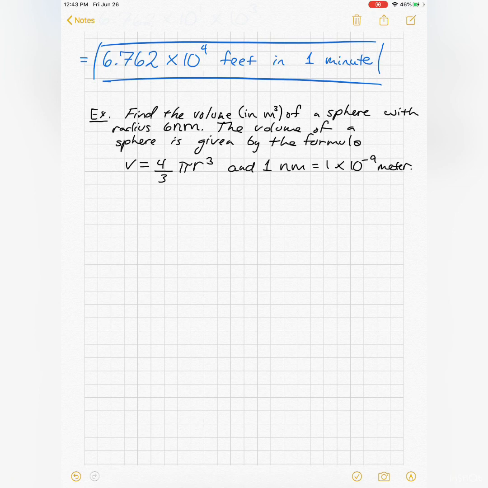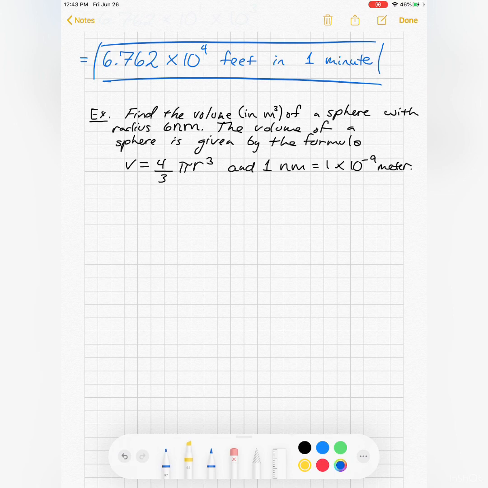All right, find the volume in meters cubed of a sphere with radius 6 nanometers. The volume of a sphere is given by the formula V equals 4/3 pi r cubed, and 1 nanometer is equal to 1 times 10 to the negative 9th meter.